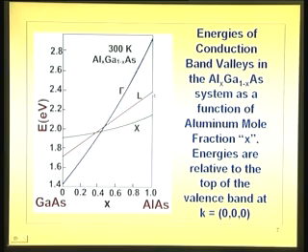Up to this point it is direct band gap, the minimum is the tau, and beyond that, at a mole fraction of about 0.4, 0.45, it is indirect band gap. So, you can generate direct band gap material or indirect band gap material.